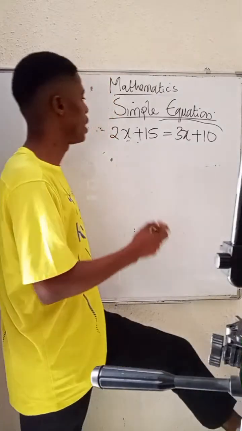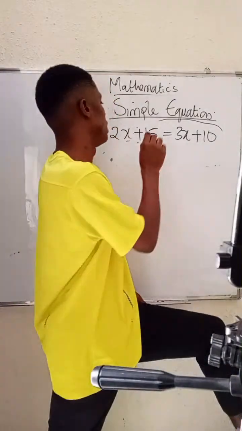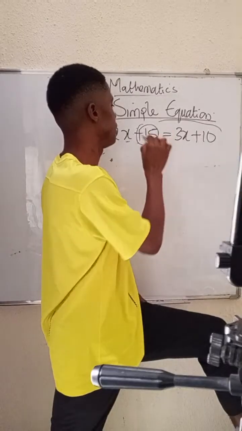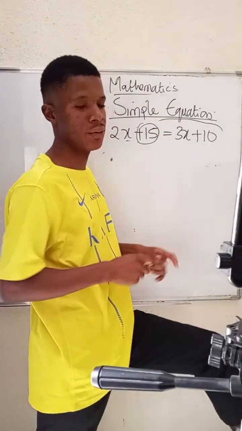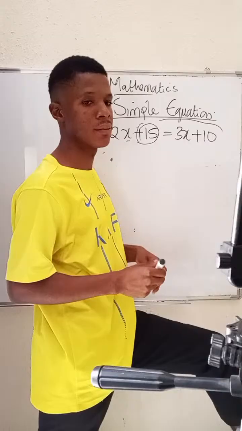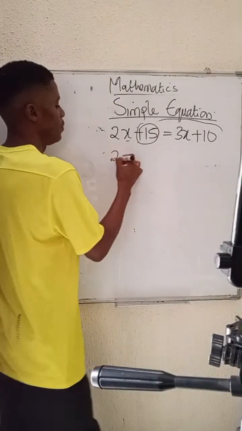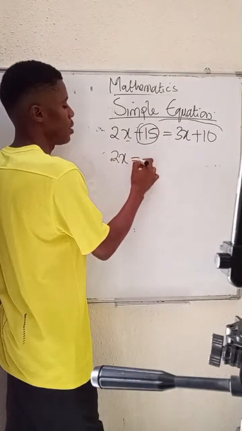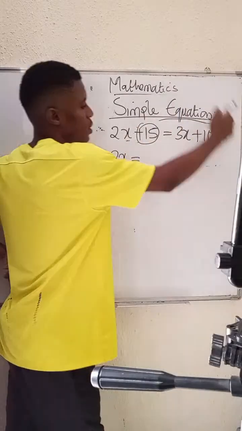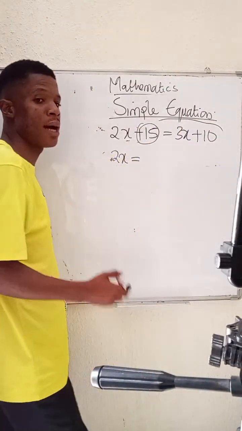So for us to do that, we first start with the number. This is plus 15, right? So we are trying to get rid of plus 15. We have 2x is now equal to, since it's plus, it's crossing the equality, it becomes a minus.